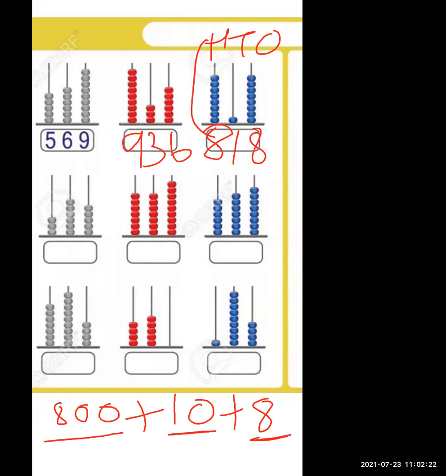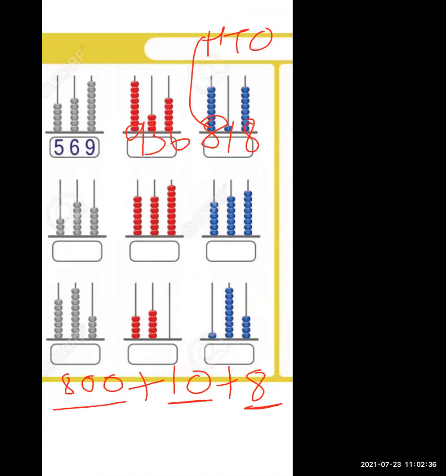How will we write it in words? EIGHT hundred eighteen, 818. Understand? I hope everyone understands the place value, face value, the expanded form, and numbers in words.